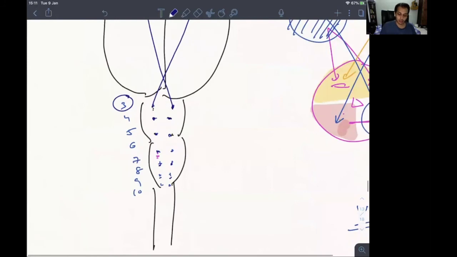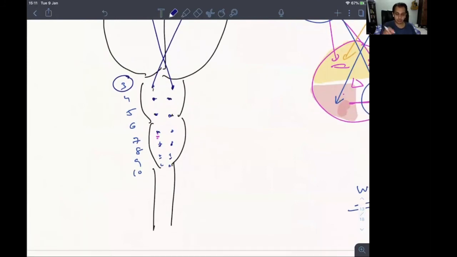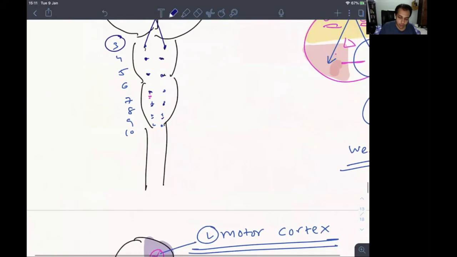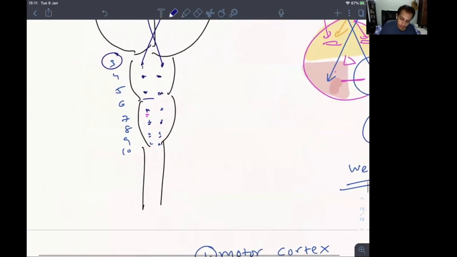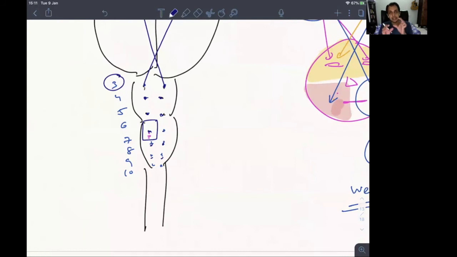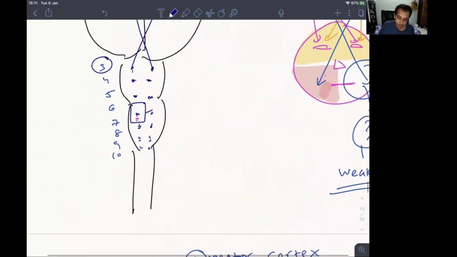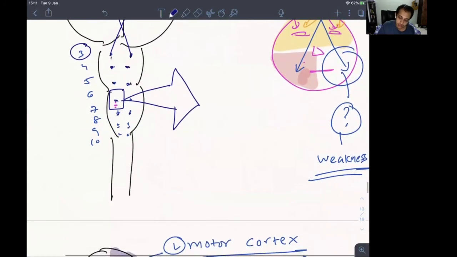So in your facial nerve nucleus, in order to understand this, you need to zoom into this area. So in the nucleus of the brainstem, if you take this a little bit more closely and say that this is the nucleus, in the nucleus of the facial nerve there are two halves: an upper half and a lower half.